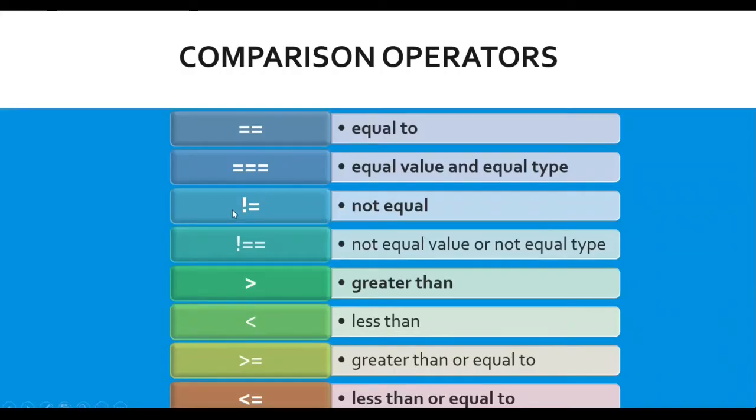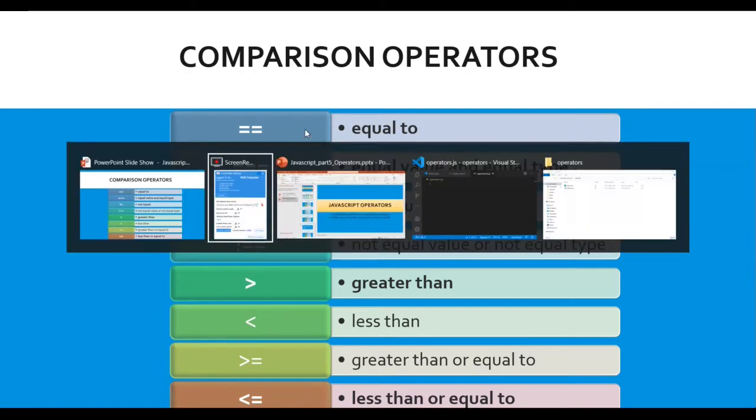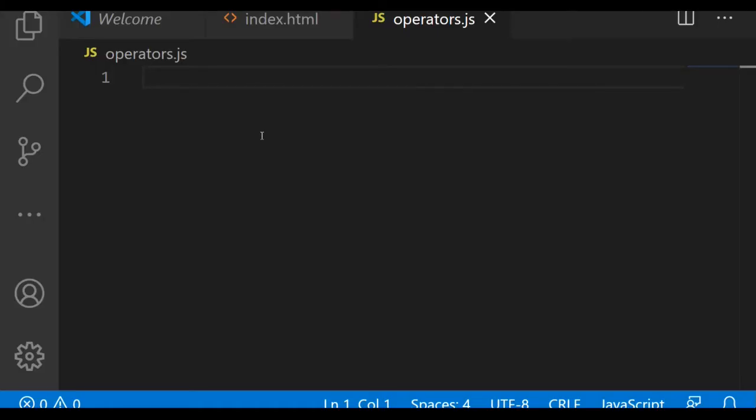So let's start with comparison operators. Comparison operators are used to compare their operands and return true or false. The first operator in this group is the double equal operator, or equality operator. This operator checks whether two operands are equal or not.